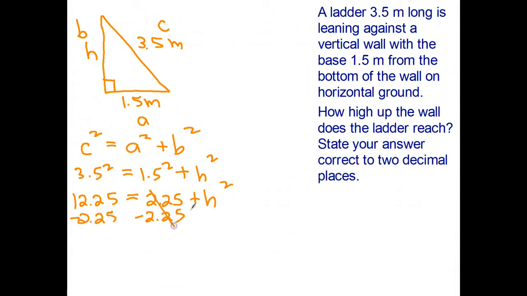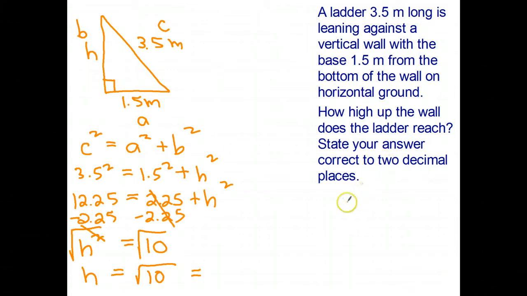They cross out, leaving just h squared, which I'll write on the left. 12.25 minus 2.25, that one I can do in my head. To undo squaring, we take the square root, and h equals the square root of 10. Now we need to round that to 2 decimal places.